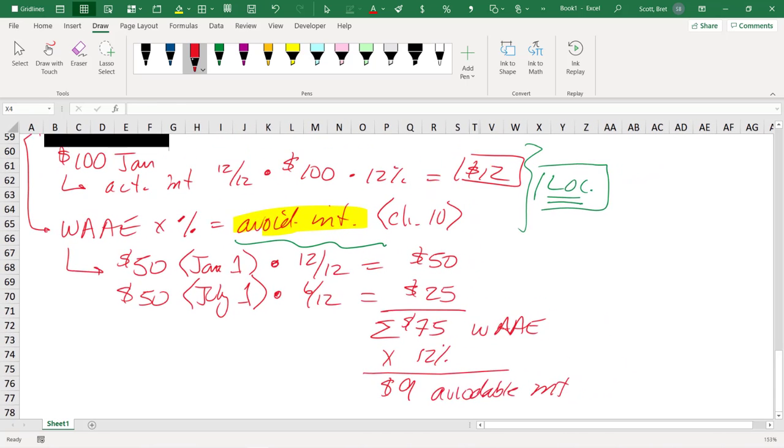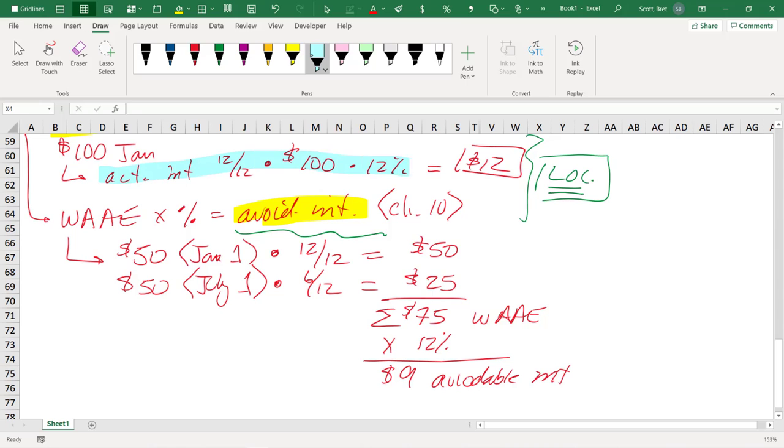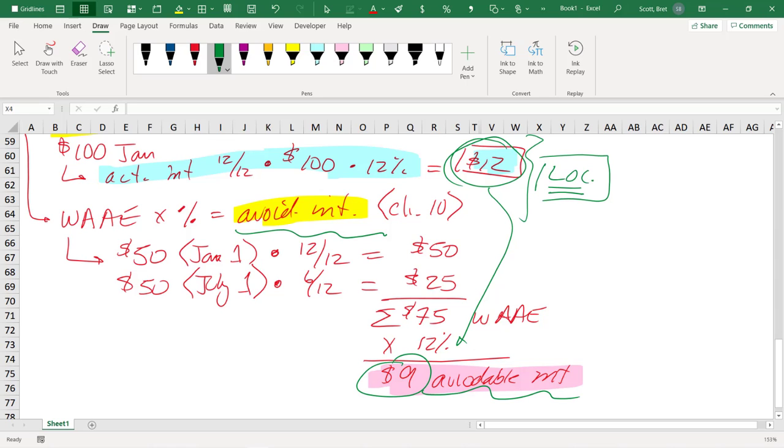Yes, the actual interest in this case was 12. But the avoidable interest is 9. In other words, if we convert the full loan into a line of credit, then the interest, from an overall calculation standpoint, changes from $12 actual interest into $9 avoidable interest, similar to a line of credit.